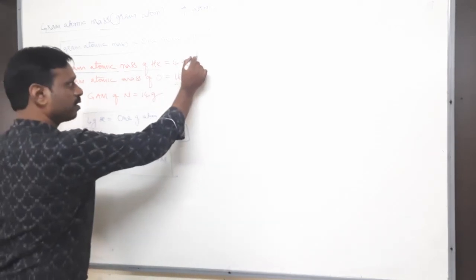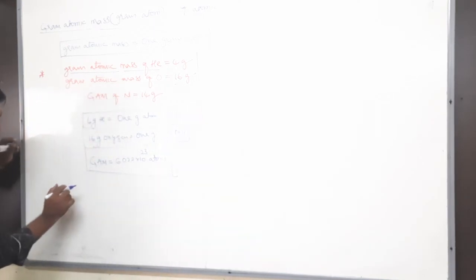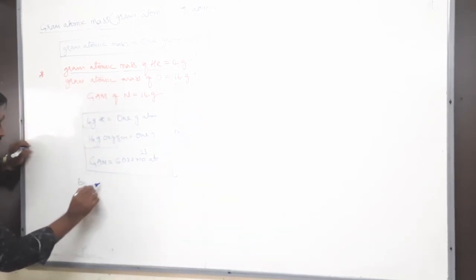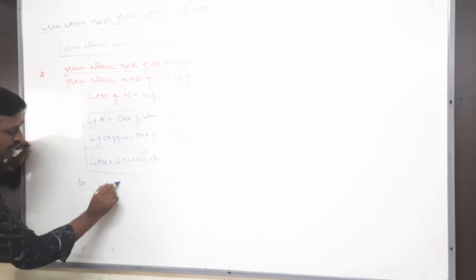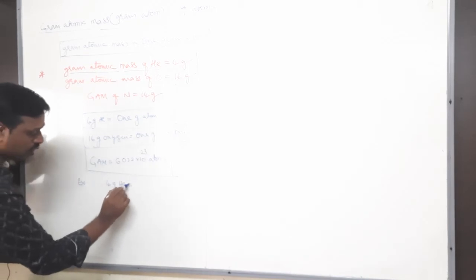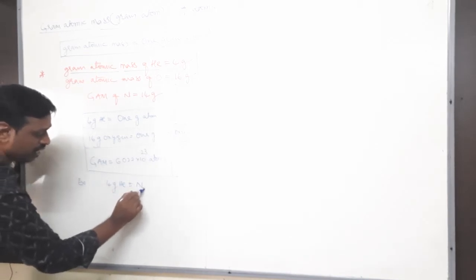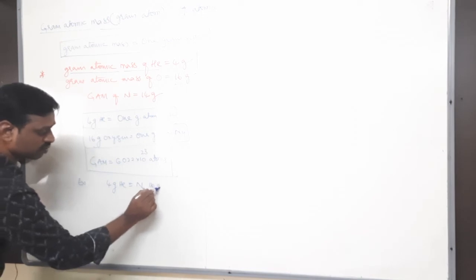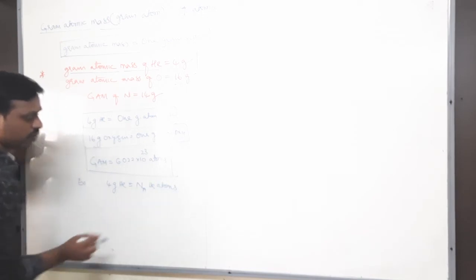So let us write here: 4 grams of helium equals Na helium atoms, where Na is the Avogadro number.